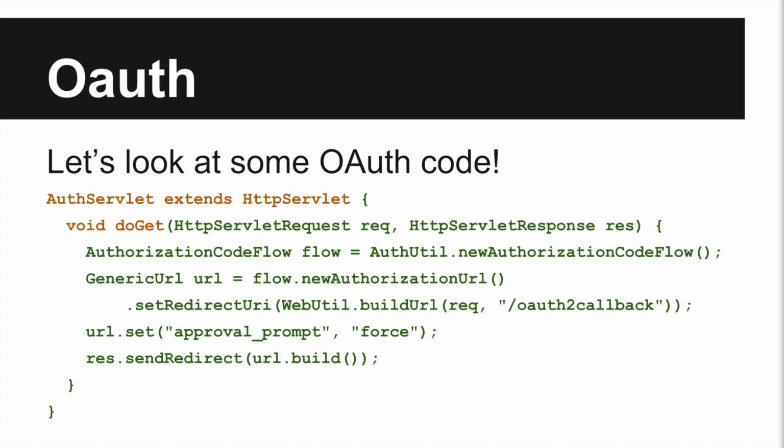So what we're going to do is we're going to build a URL for them that just kind of appends this OAuth2 callback, and that's going to be the redirect URI. And then we set a couple parameters and redirect the user to that URL. And it's just a Google URL, so these things are part of the API, and yeah, makes it kind of nice and easy.